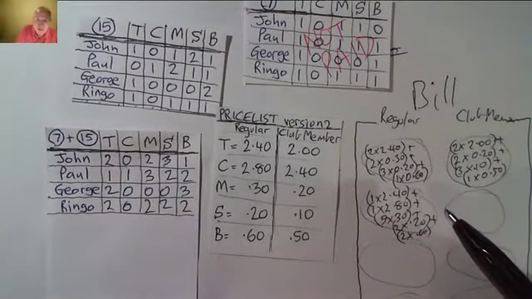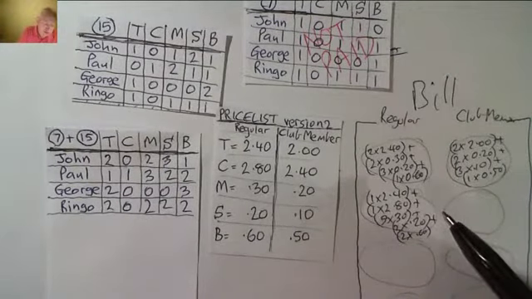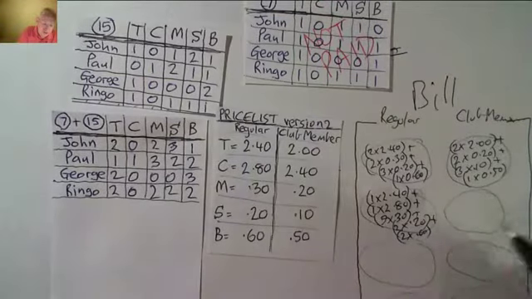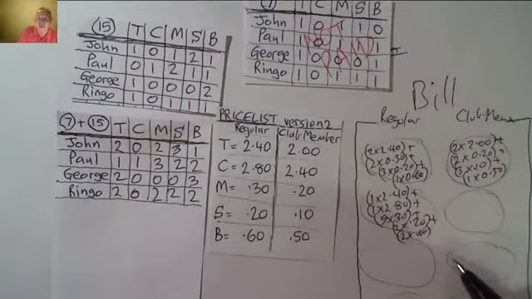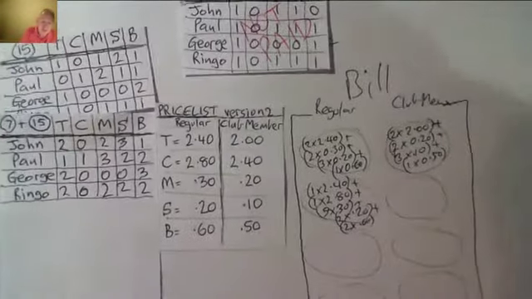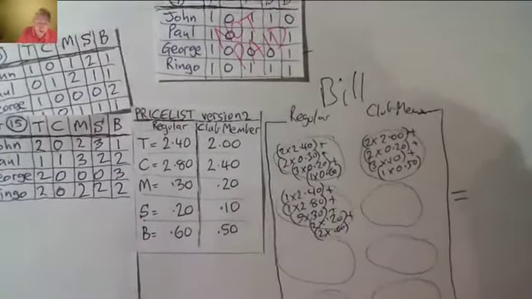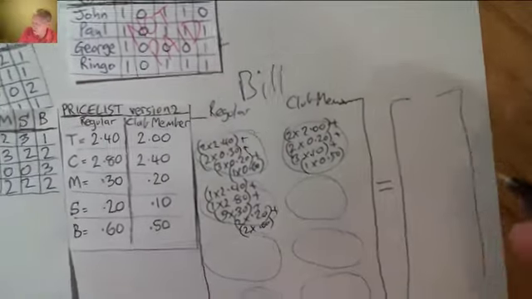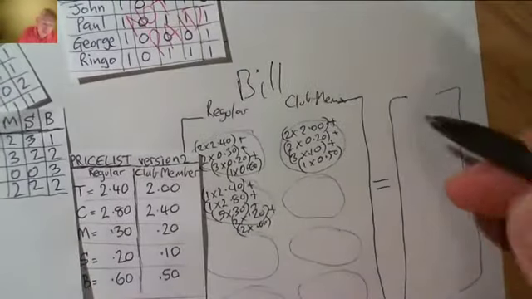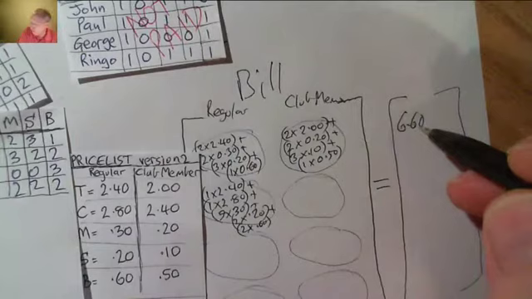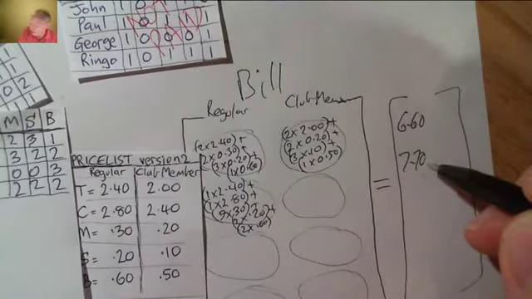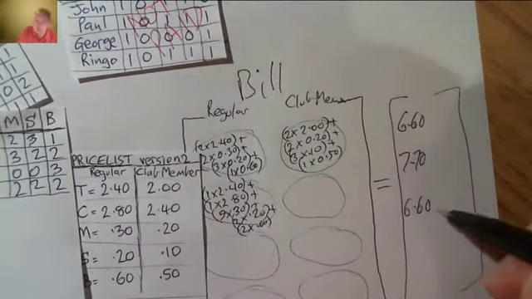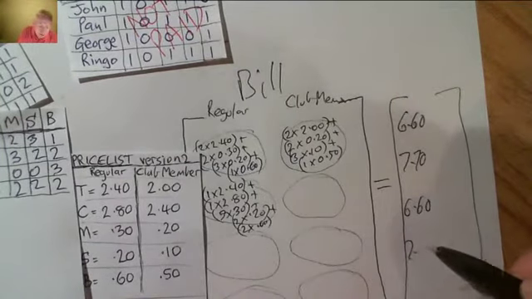And of course, I'm not going to waste our time going through and finishing this, because there's a fair bit of writing down and a few bits of calculations to do. But what I'm wanting to show you is that, let's suppose the answers to our questions might be $6.60, $7.70, $6.60 and $7.